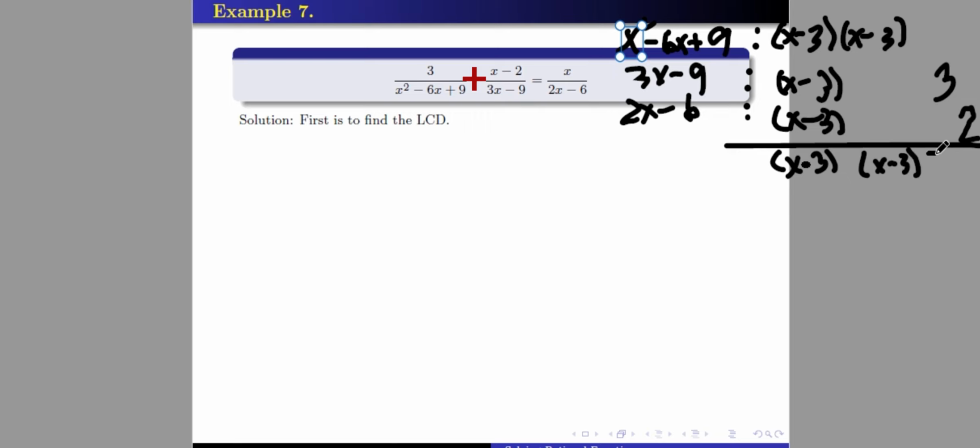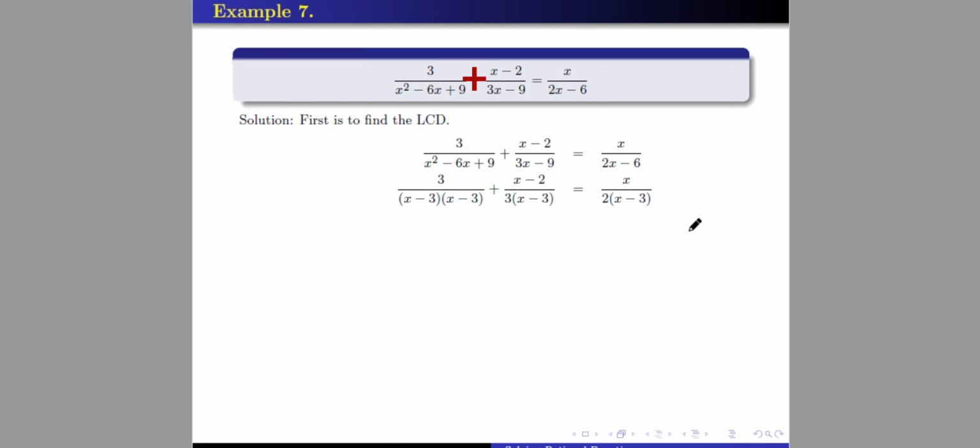And we have 3. And we have 2. So this is equal to 3 times 2 is 6. So we'll write first the coefficient. And then x minus 3 times x minus 3, we can have this as the square of x minus 3 because they are the same. Two copies of x minus 3. So our LCD therefore is 6 times the square of x minus 3.